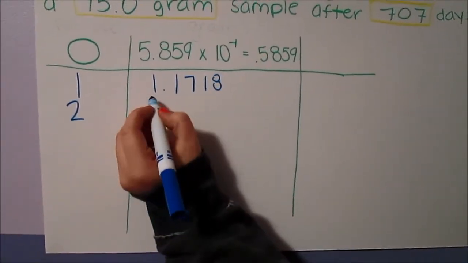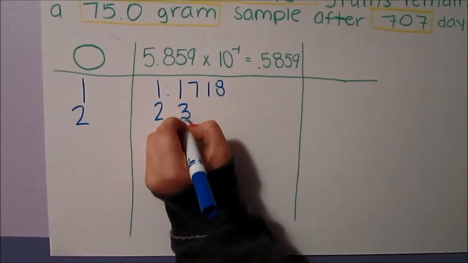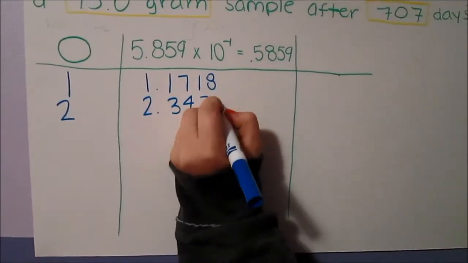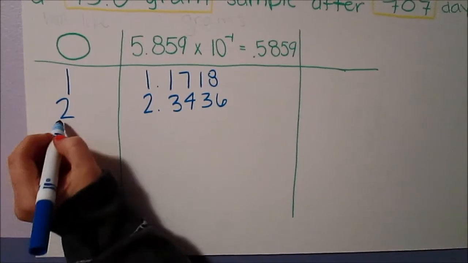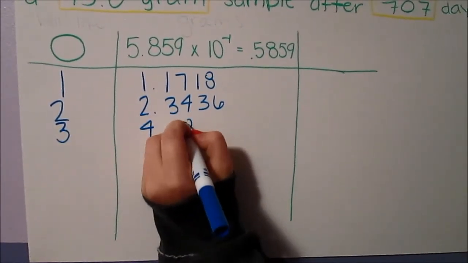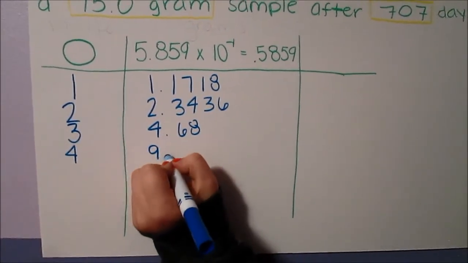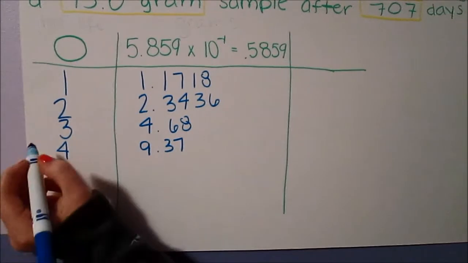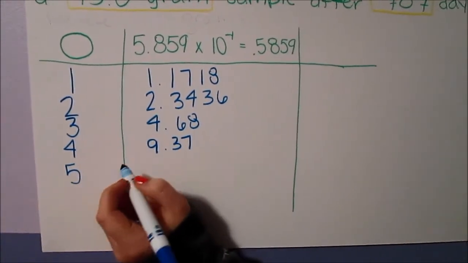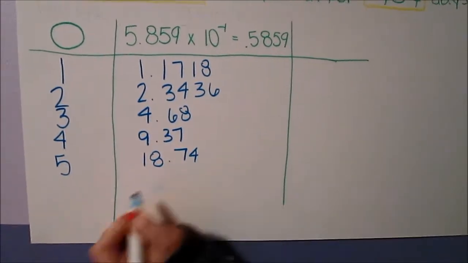So you go again, multiply by 2, and you get 2.3436. You keep going to your third half-life, you get 4.68. Go again, and you get 9.37. If we go again, we get 18.74.